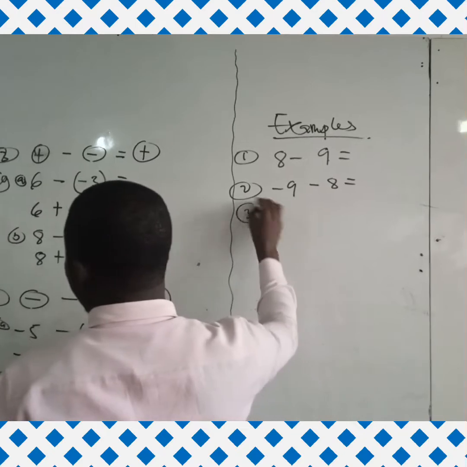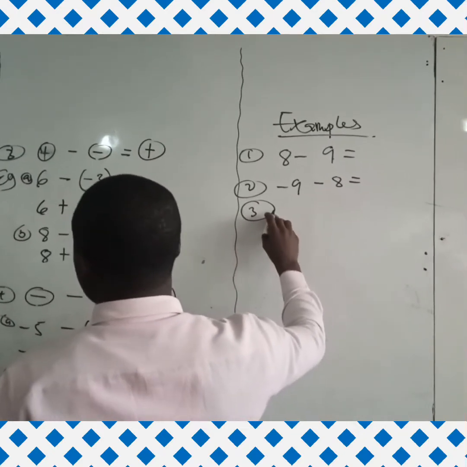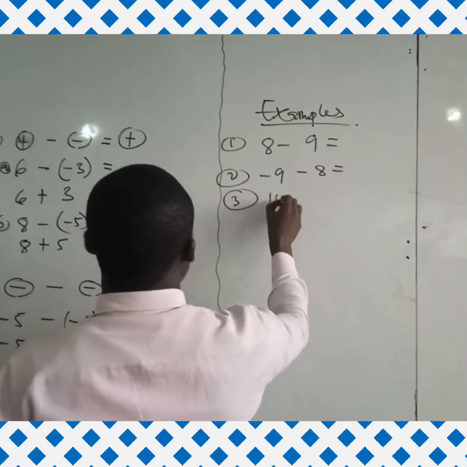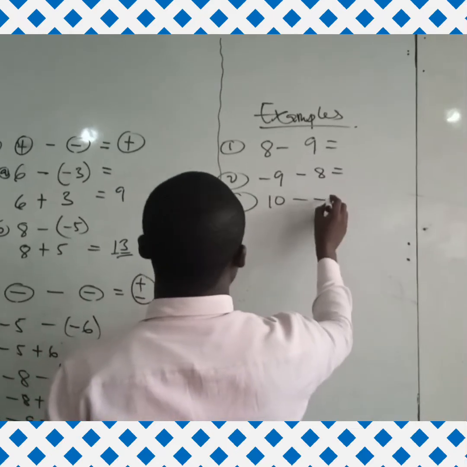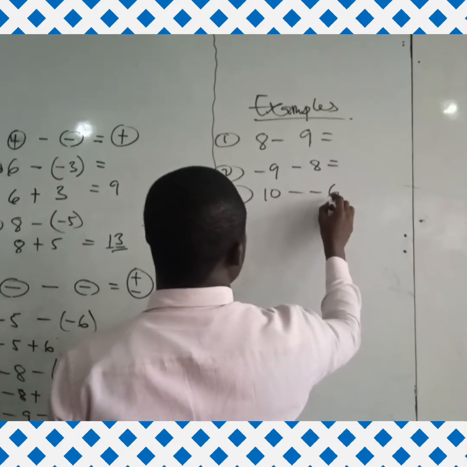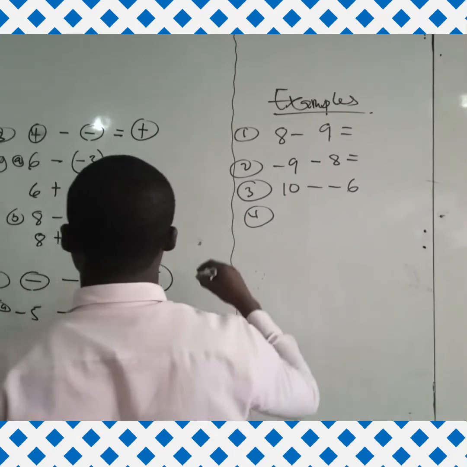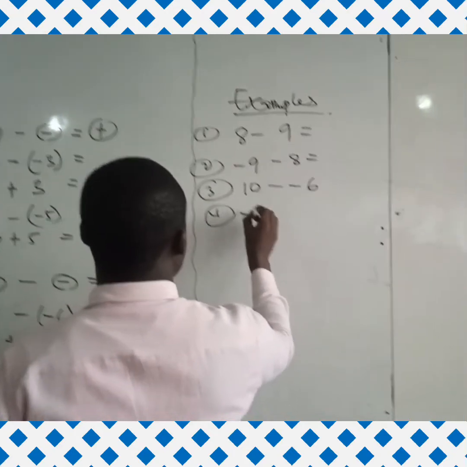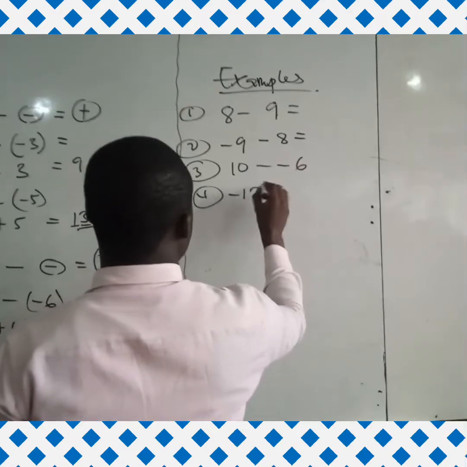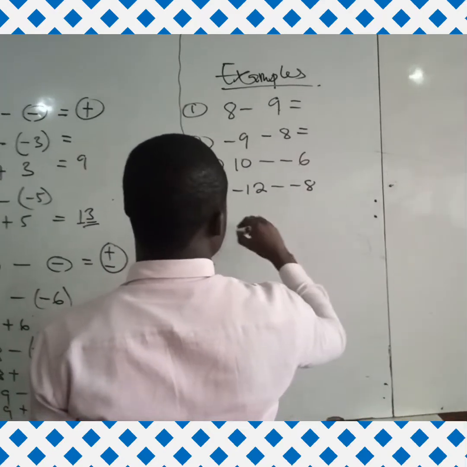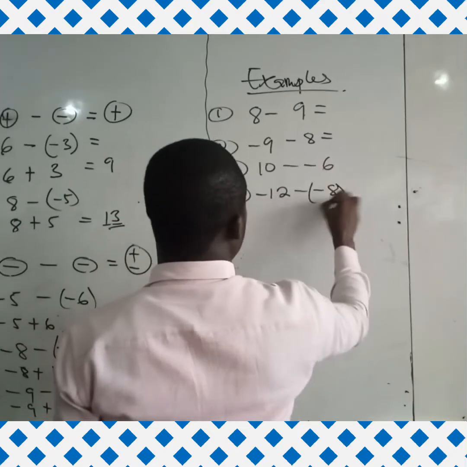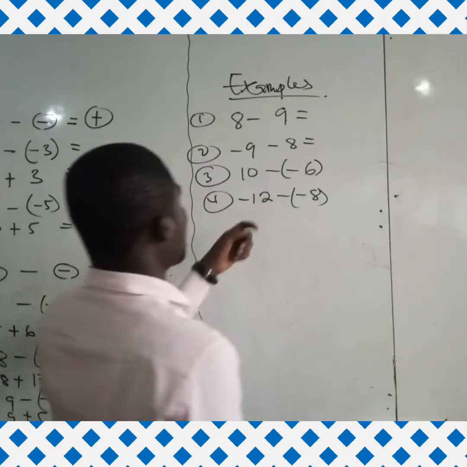Number 3, I have 10 minus 6. Number 4, I have negative 12 minus negative 8. So try and answer for me.